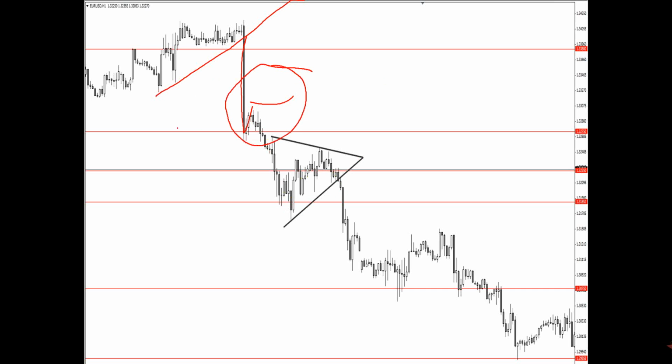Remember, this is an intraday time frame, and we usually do intraday trading. So when you see this kind of price action, you want to trade a breakout, preferably in the trend direction. Because a triangle is a consolidation, you want to exploit a breakout in the trend direction. So in this example, we can see that this trend line has been broken, and the downtrend has started. This is a consolidation. We want to see a breakout to the downside.